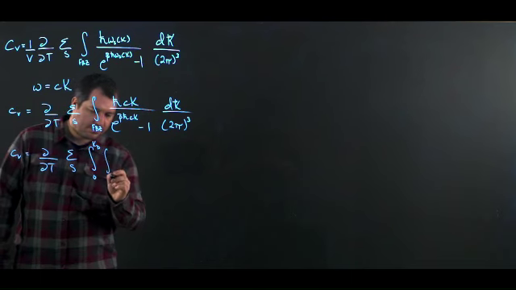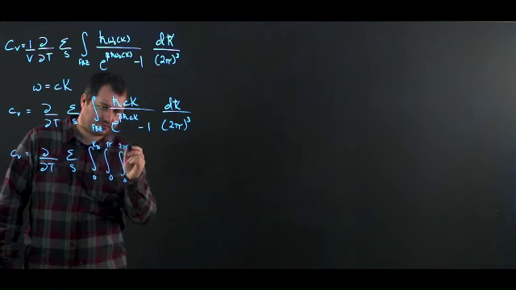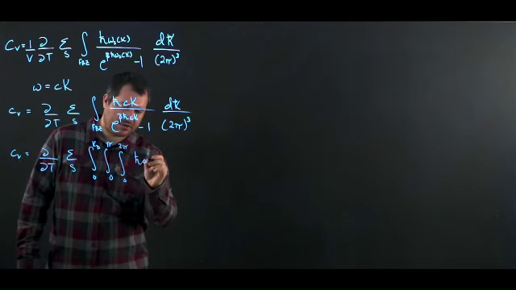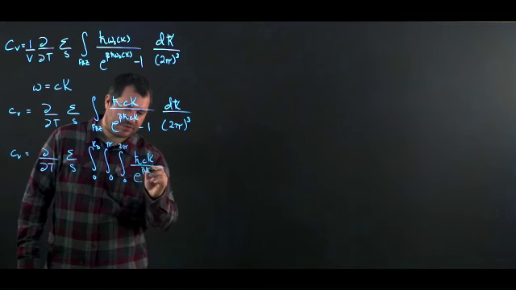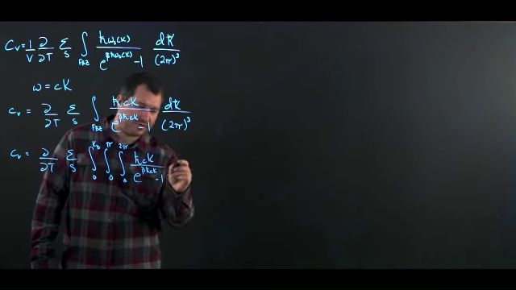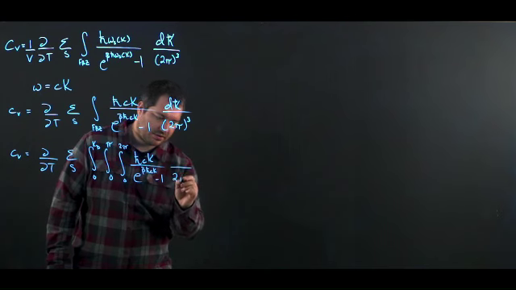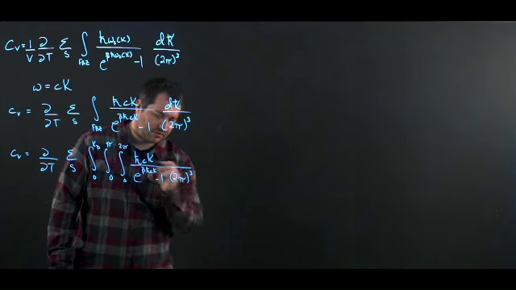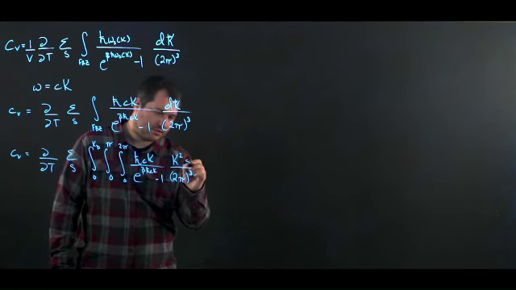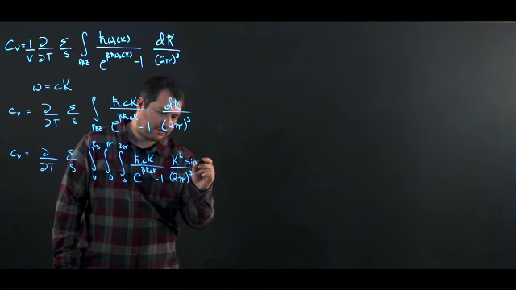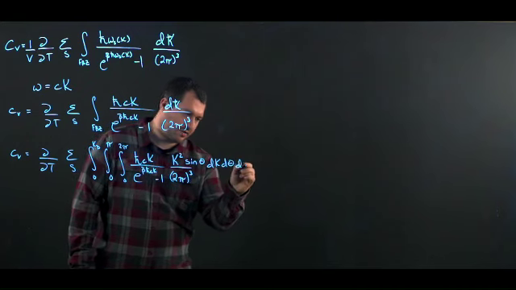And we're going to go from 0 to pi, and from 0 to 2 pi for h bar ck over e to beta h bar ck minus 1. I'm going to have still my 2 pi cubed, but now I have to multiply by the Jacobian, which is k squared sine of theta, dk, d theta, d phi.